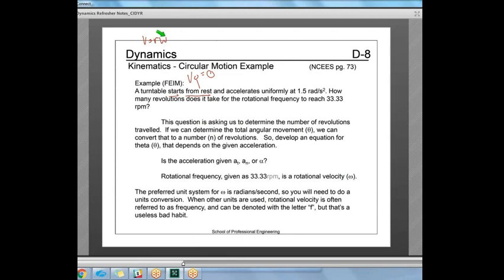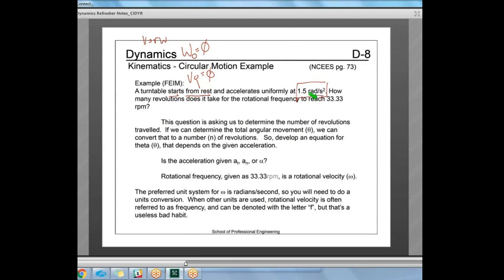If I remind you that V equals R omega, what else can you tell me? So from rest means V naught equals 0, but it also says one other thing, which is omega naught is also 0. So whichever one of these turns out to be most useful in our problem, we've got them both. All right, it accelerates uniformly at 1.5 rad per second squared.